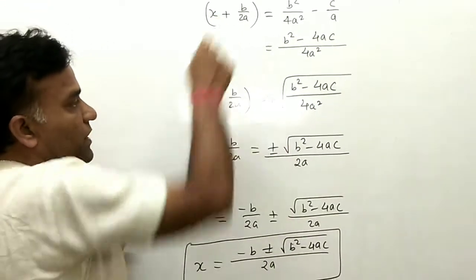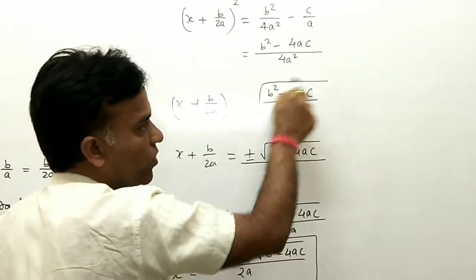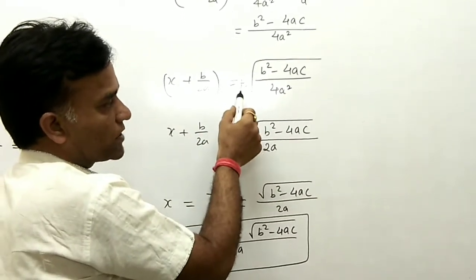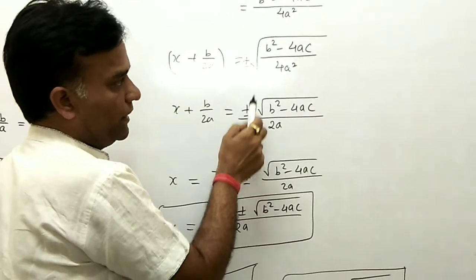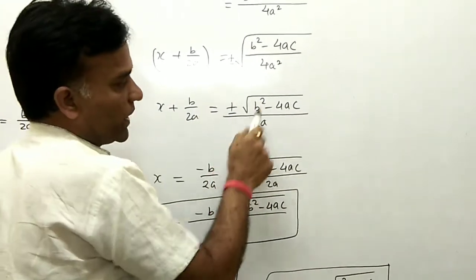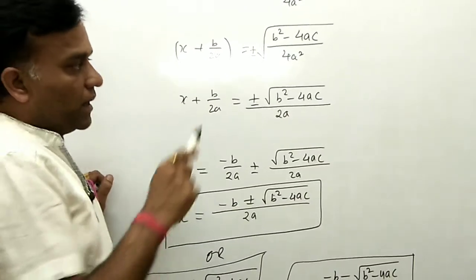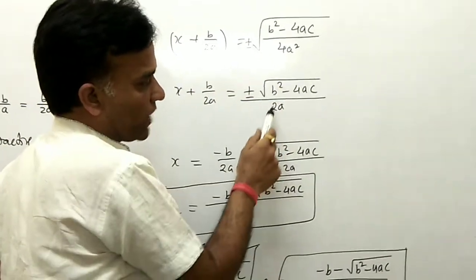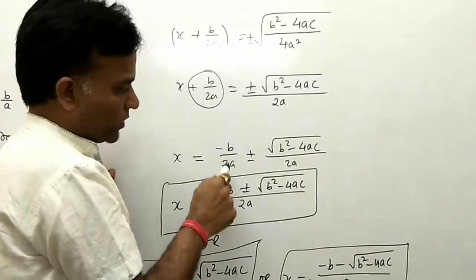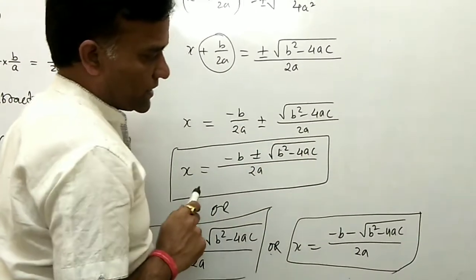Okay, so now we remove the square. The square is removed by taking the square root of the right hand side value. Since the square root has plus minus, you put the plus minus sign here, and then separate numerator and denominator under the square root. The numerator you put as it is with the square root sign, but in the denominator 4a square is the complete square of 2a, so we write 2a. The root sign is removed, then plus b by 2a shifts to the right hand side, so it is minus b by 2a plus minus under root b square minus 4ac upon 2a.